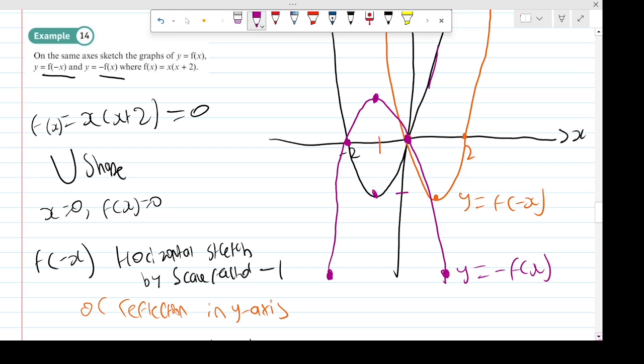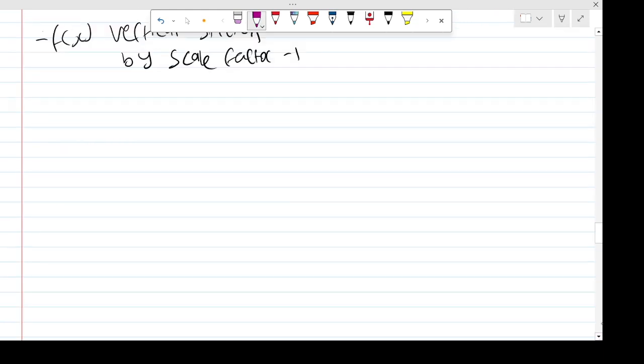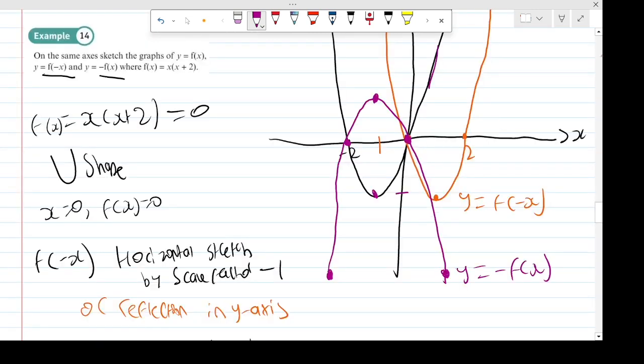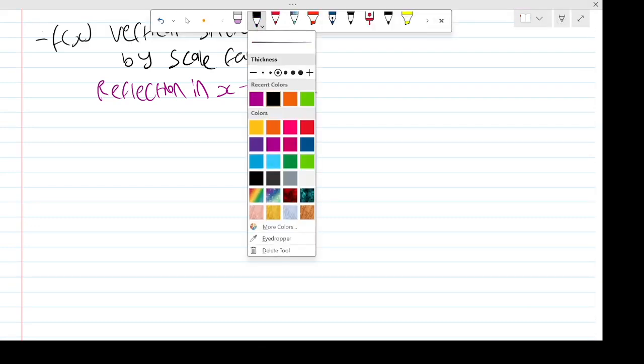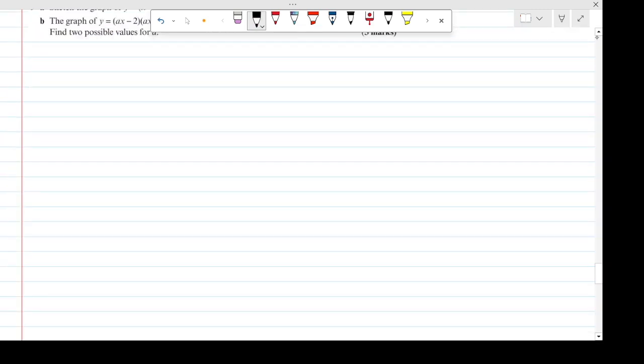So overall, this is also a reflection in the x-axis, depending on what you want to do. But there we are. That's the alternative. Cool, and they're the same thing, right? The two different ways of expressing the same thing in this particular case. Okay, cool. So let's have a look at some more examples then.